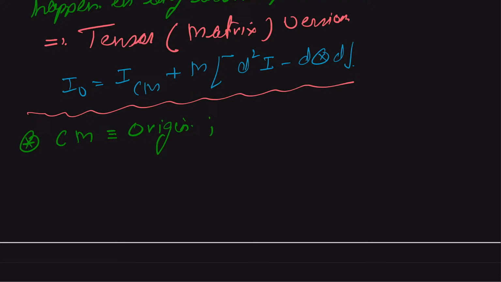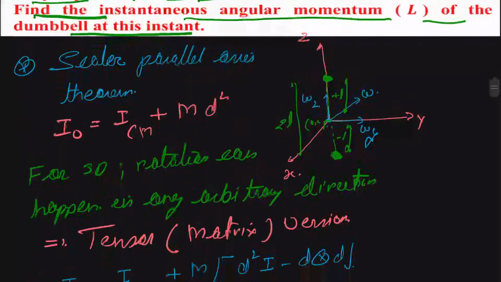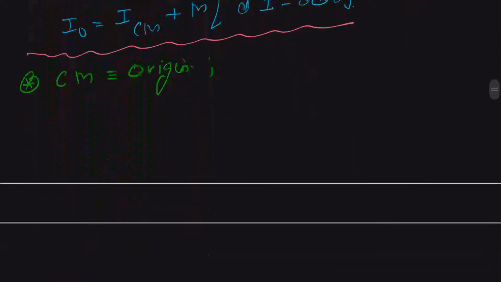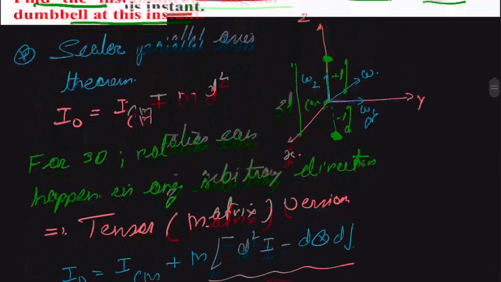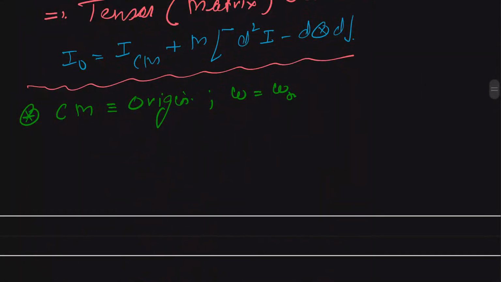So for every solution we are going to consider the picture which I have already drawn. And the angular velocity given to us for that instant is omega x i unit vector, omega y j unit vector and omega z k unit vector.